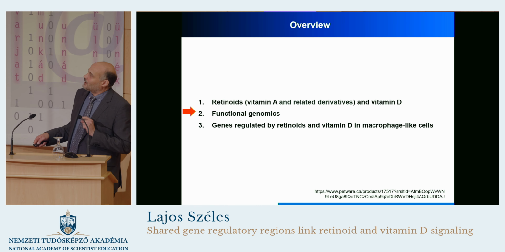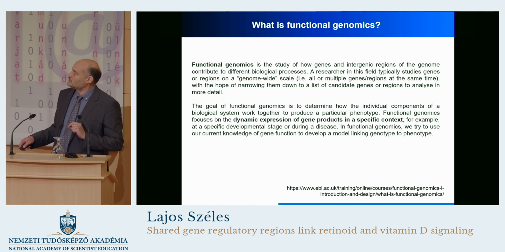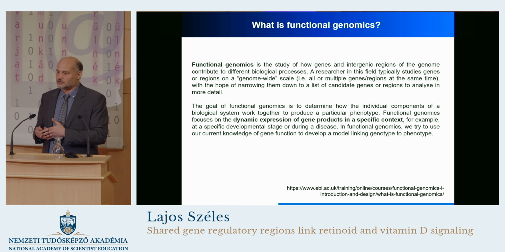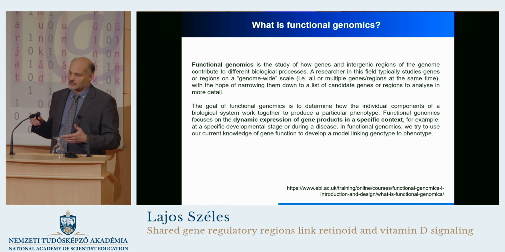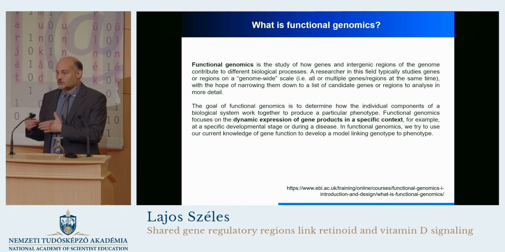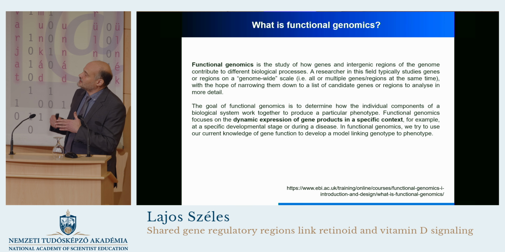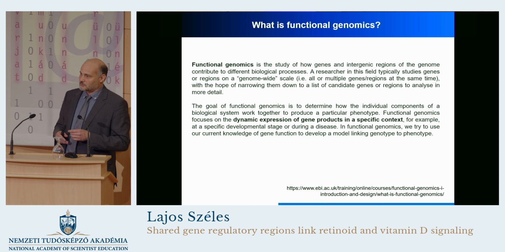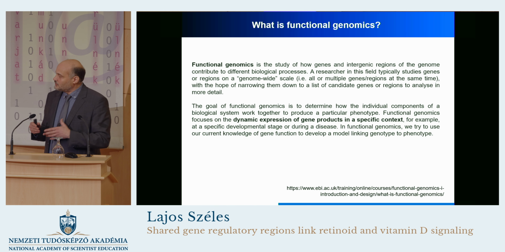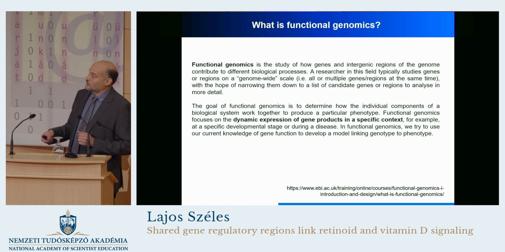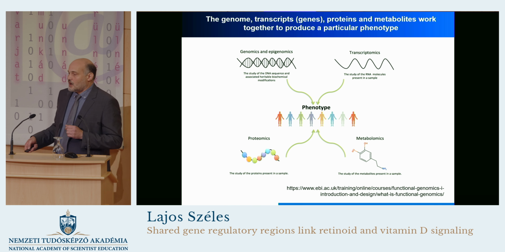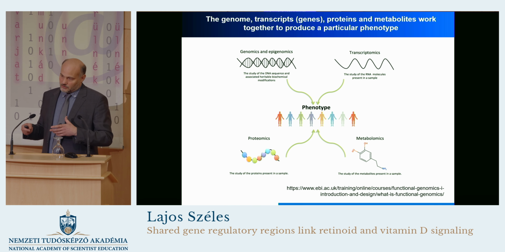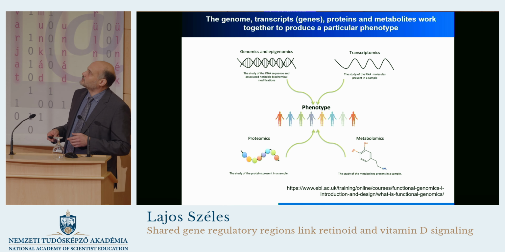My second part will be about functional genomics. Functional genomics is the study of genes and intergenic regulatory regions of the genome which contribute to different biological processes. We want to understand how genes can be turned on and turned off, which proteins are responsible for this regulation, and how the cell can respond to external or internal stimuli. We use multiple strategies and methods.